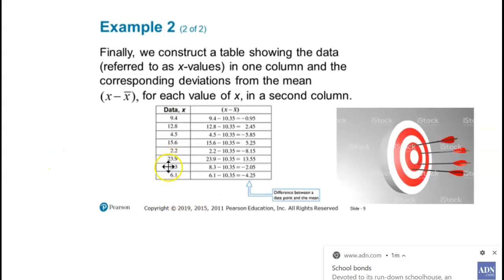So it's not really hard. It's just a whole lot of what I call plugging and chugging. You just need to put all your information in and then subtract the mean from each of those. You're going to get a series of negative numbers and positive numbers. That makes sense, just like up here.